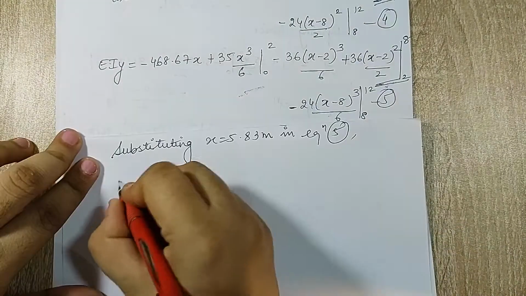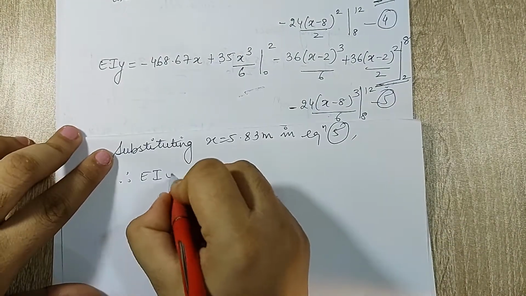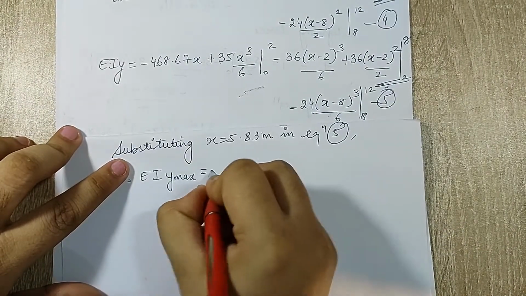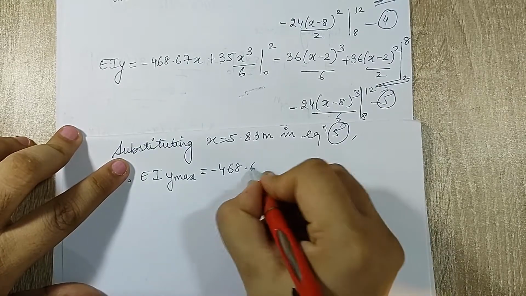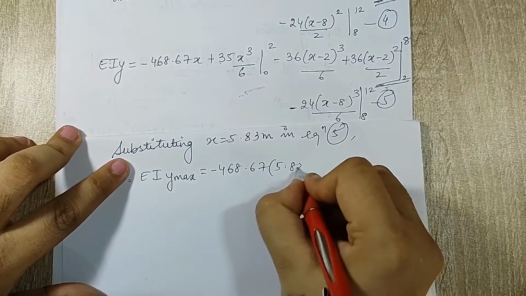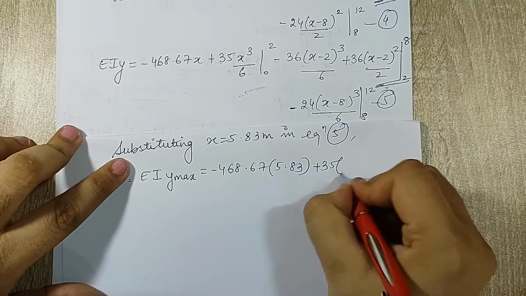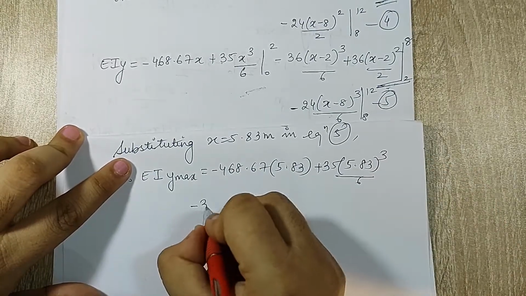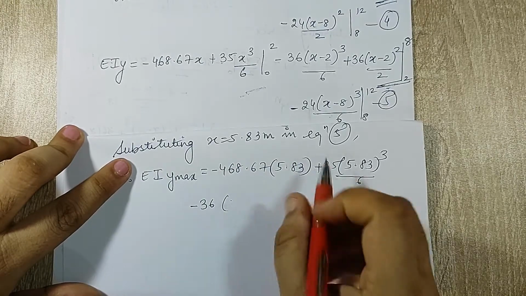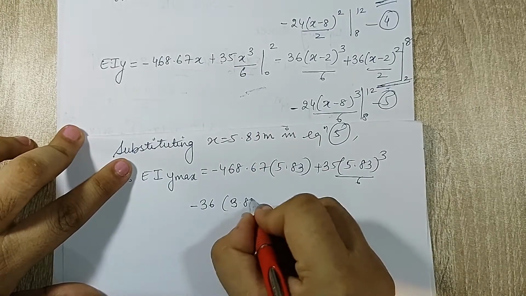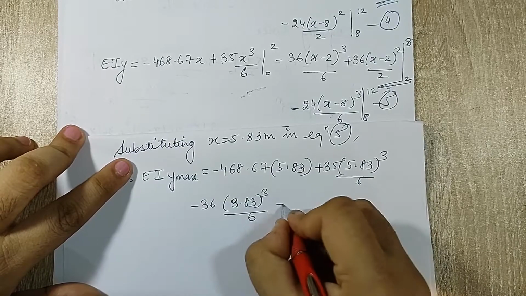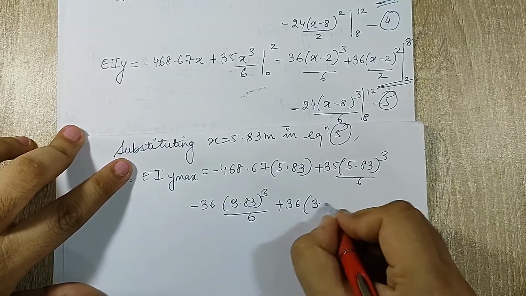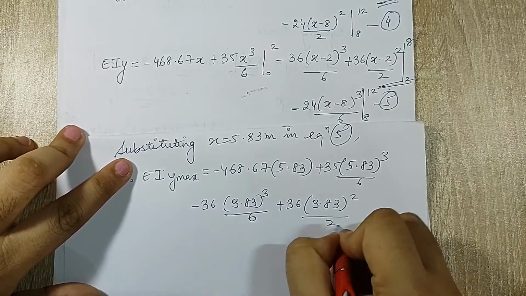So I'll write down, therefore EI Ymax is equal to minus 468.67 into 5.83 plus 35 into 5.83 cube upon 6 minus 36 into (5.83 minus 2 is 3.83) cube upon 6 plus 36 into 3.83 square by 2.